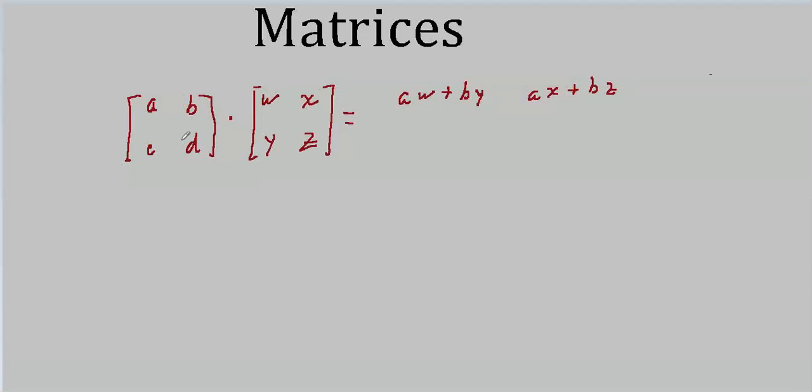Now you go to your next row, and we get CY, that's not right, pardon me. It's CW plus DY, and this entry, our bottom right, that's going to be this row times this column, so it's CX plus DZ.